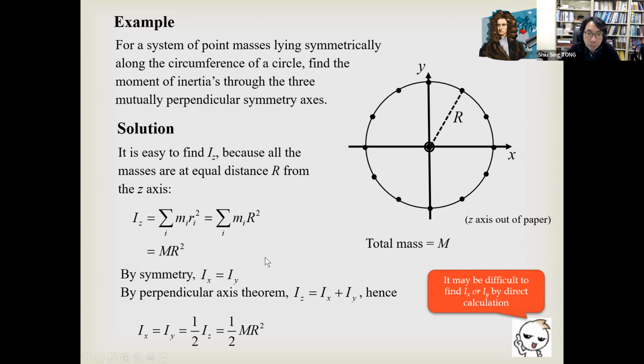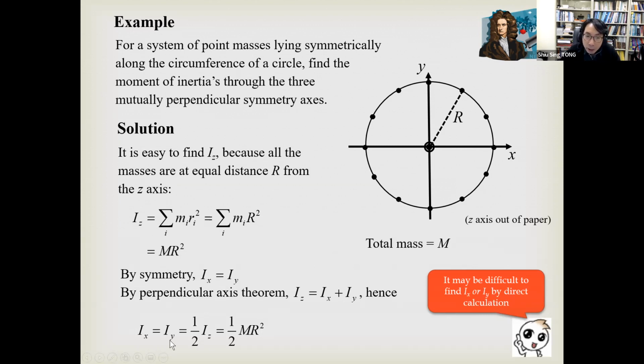Now, as I said, the distribution is the same about the X and the Y axis. If you look at the distribution about the Y axis, and if you look at the distribution about the X axis, they look exactly the same. So that means Ix is equal to Iy by symmetry. By the perpendicular axis theorem, we have Iz equal to Ix plus Iy, but Ix and Iy are equal.